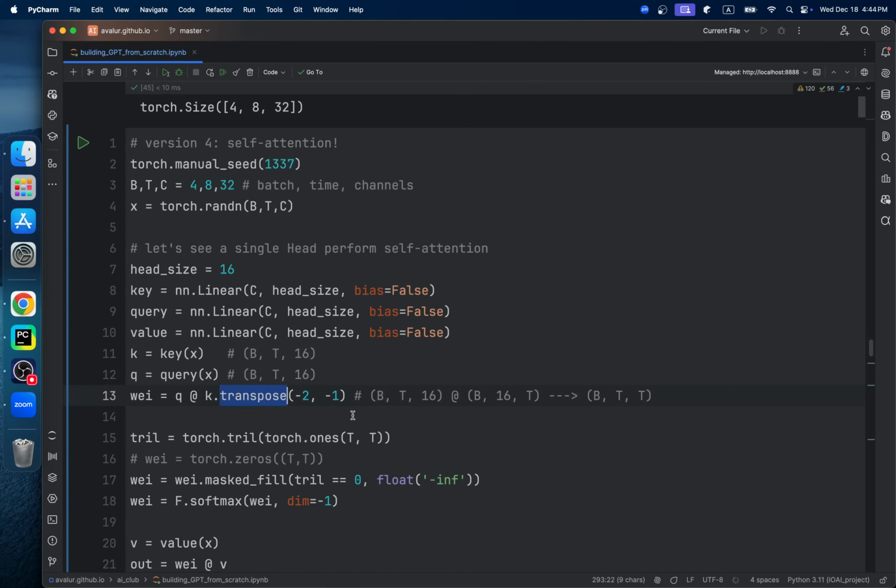The really simple way to do it is again matrix multiplication. B is the same, the left dimension, and T by 16 times 16 by T gives us a T by T result. So we get rid of the head size, and this is our weight matrix.